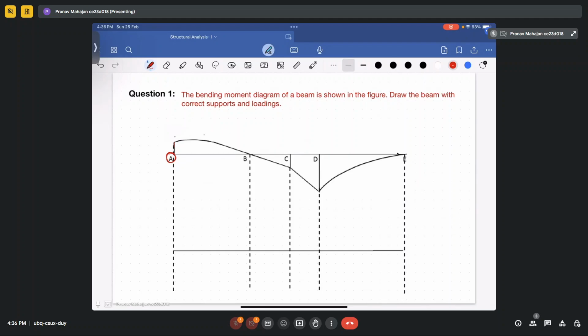So it means either there is some fixed support which will be having a moment, or there is some externally applied moment at that particular point. So say we will take the external applied moment at that particular point. So this will be your external applied moment as MA.